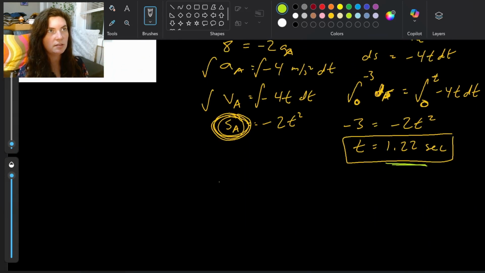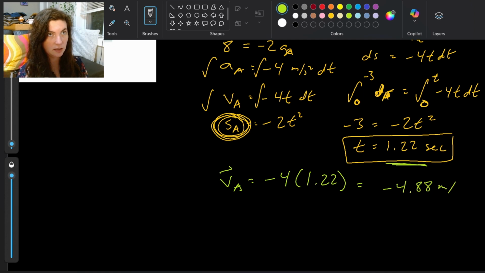So in this case, velocity of A is going to be negative 4 times 1.22. That's negative 4 times t. Gives me a velocity of negative 4.88 meters per second. That's going to be our VA.